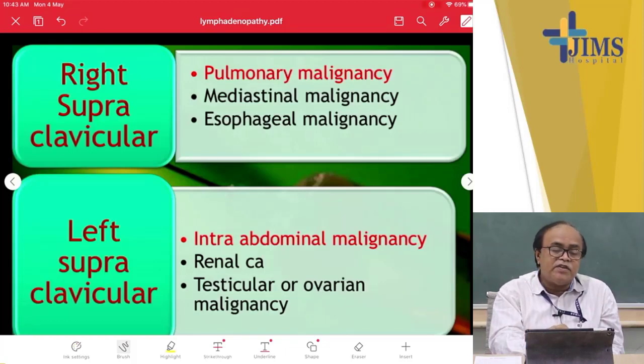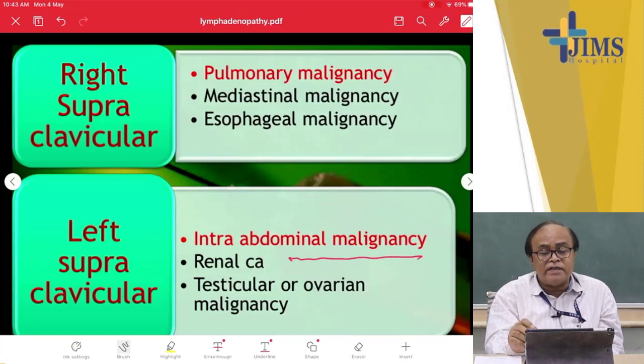If it is palpable on the left supraclavicular region, it may be from intra-abdominal malignancy. Different structures in the abdomen may be affected due to malignancy, and that spreads to the left supraclavicular region. Renal CA means malignancy of the kidney, malignancy of testis or ovary from the pelvis.